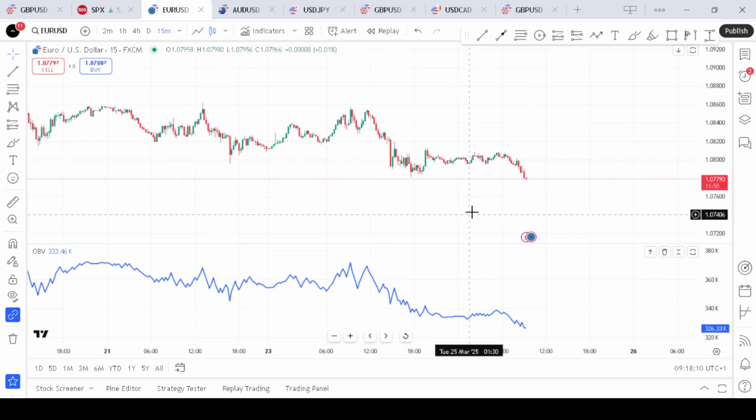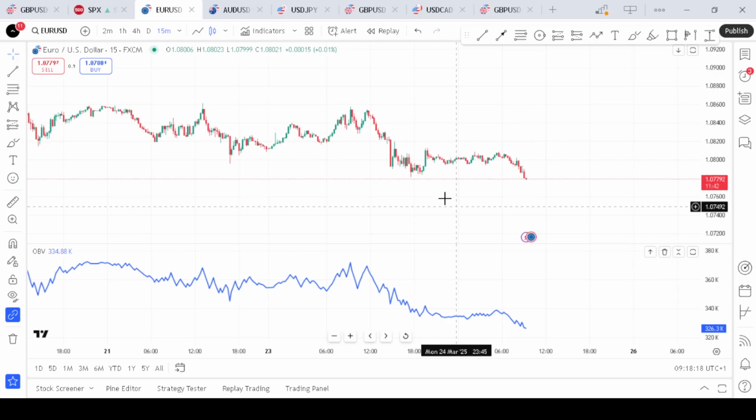The second step is to look for intraday divergence. We monitor for divergence between the OBV and price. A bearish divergence occurs when price continues to rise but the OBV decides to fall.